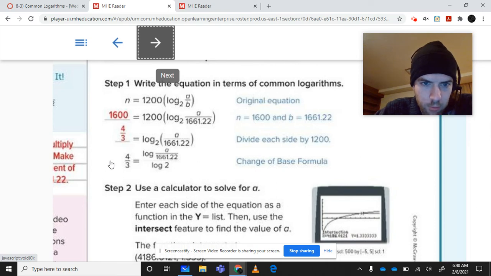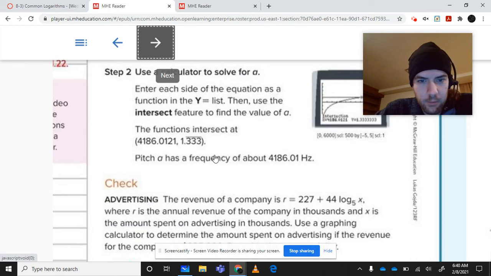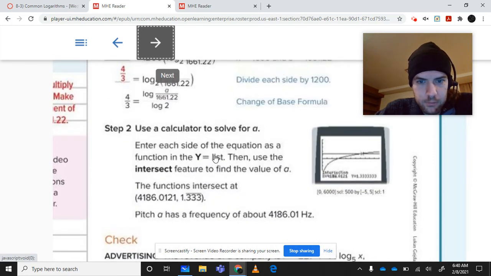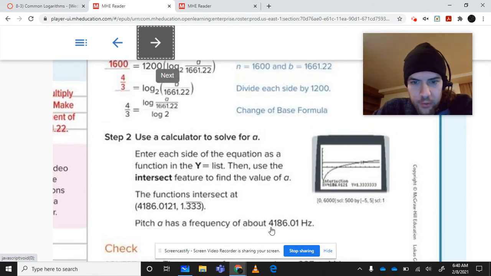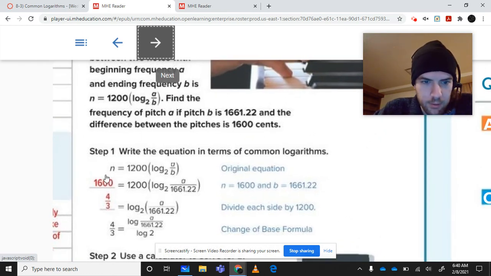Then you'd have some number over here equals log of A over 1661.22. You could use a calculator to set that up and find the answer to that value, which would in the end be 4,186 hertz.